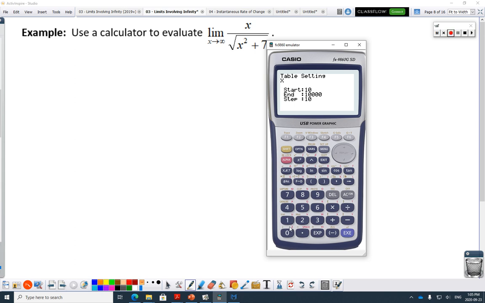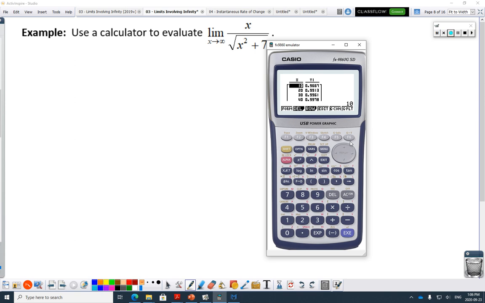Start at 10 and end at 10,000. Step by 10. Enter. Table. Why am I getting a range error? Let's try again with a smaller number. I just did this earlier, so I'm not sure what's happening. Enter. Exit. Table. Oh, there we go. I must have been using too big a number. I don't know what's happening there, because I used 10,000 earlier.